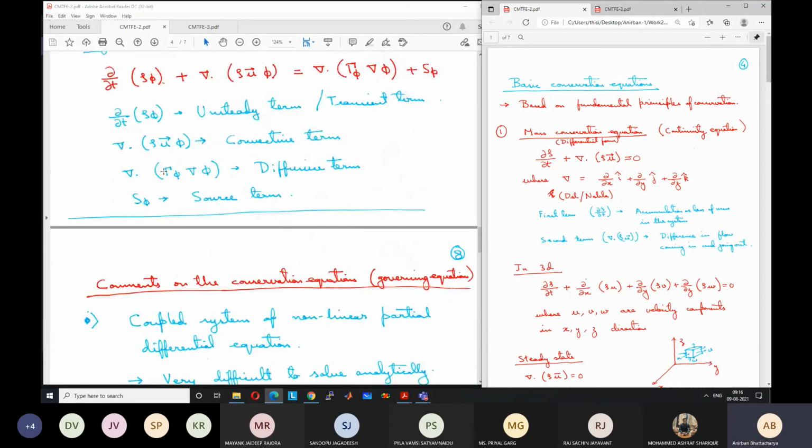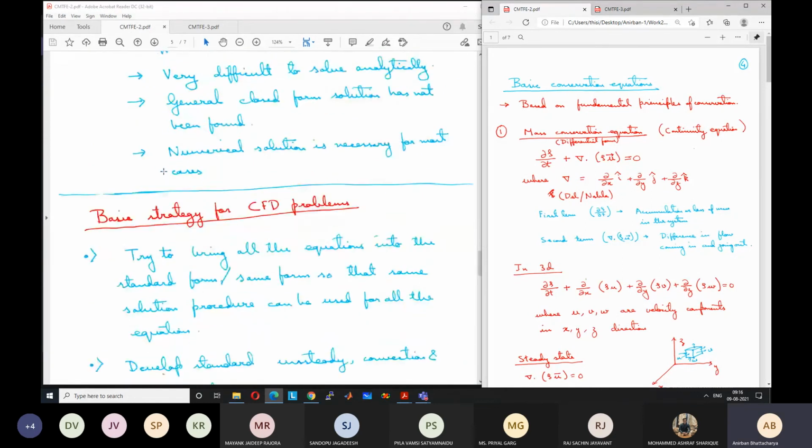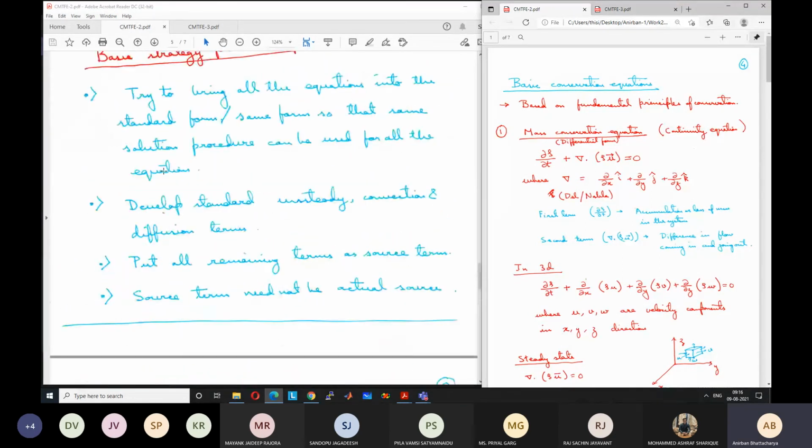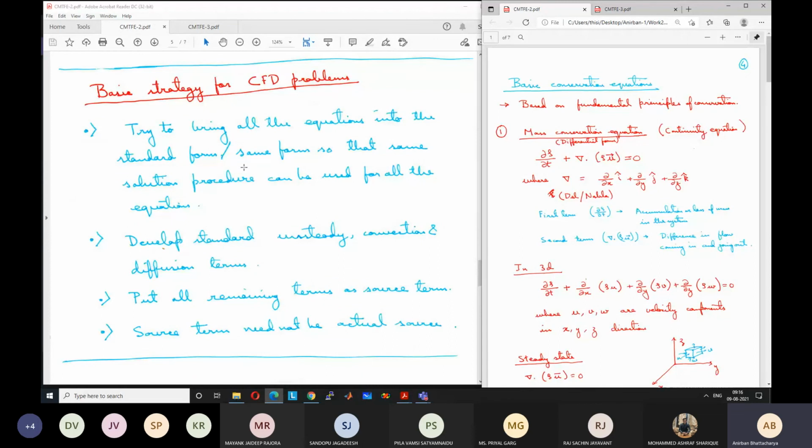So try to bring all the equations into the standard, same form, so that the same solution procedure can be used for all the equations.